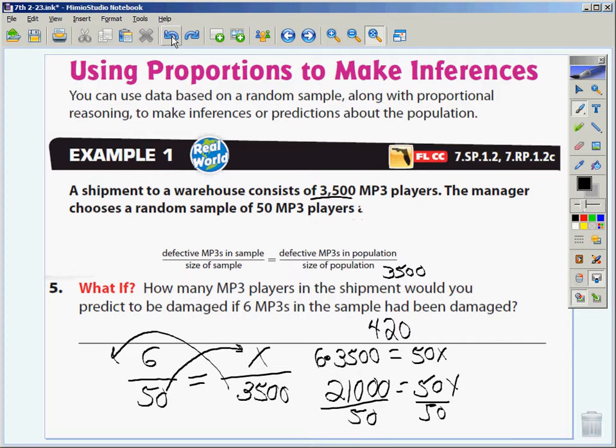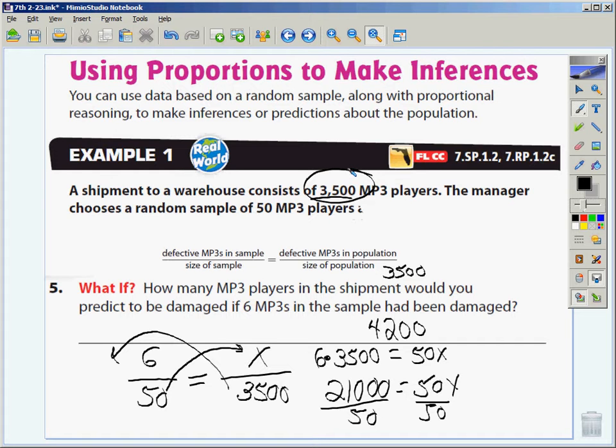Why would I, let's go back to that for just a second. Why would I know that this couldn't be my answer? Because it's bigger than that. How much was the whole population? 3,500. Is it possible that I'd have more defective than I had total?